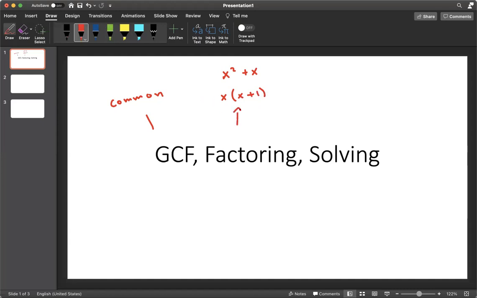So this would be my factored form. And then when we solve, we are setting our factored form equal to 0. So we would set x equal to 0, and then we would set x plus 1 equal to 0, and find out that x is equal to negative 1.